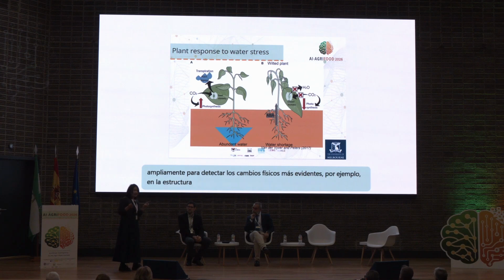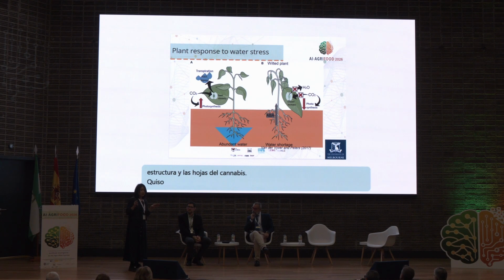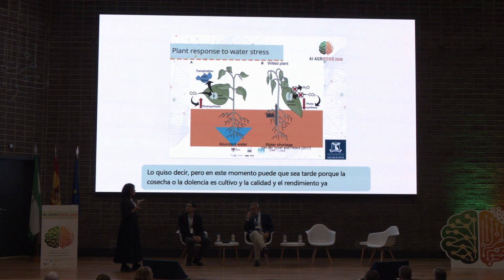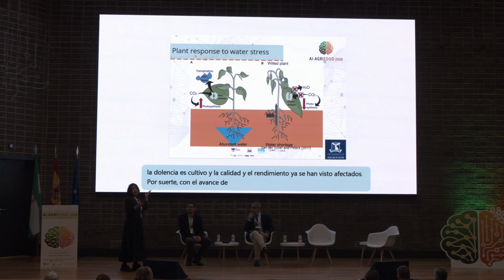But at this time, it might be late because crop and almond quality and yield have already been affected. Luckily, with advancing remote sensing techniques and AI, we can now monitor changes in transpiration and photosynthesis.